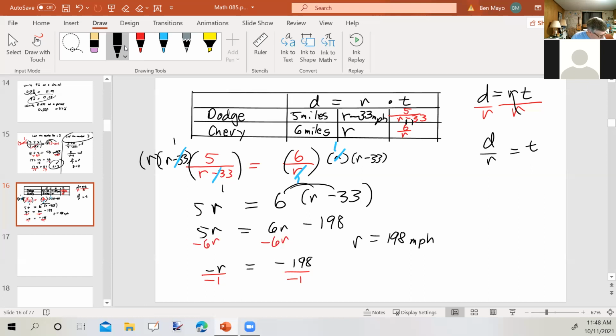So back to the original problem, it said find the top speed of each car. Well, the Chevy was R, so that would be 198 miles per hour. And the Dodge was R minus 33. So if we subtract 33, we get what, 165 miles per hour.